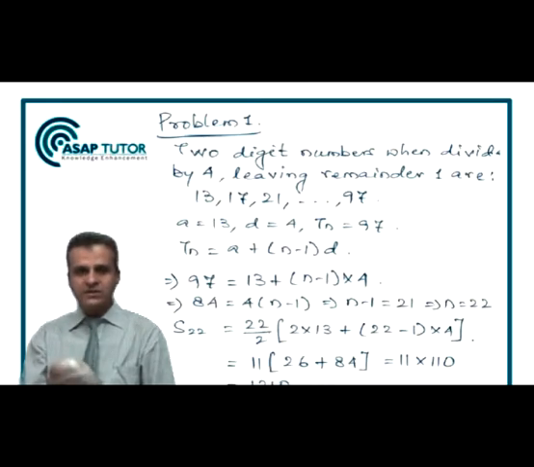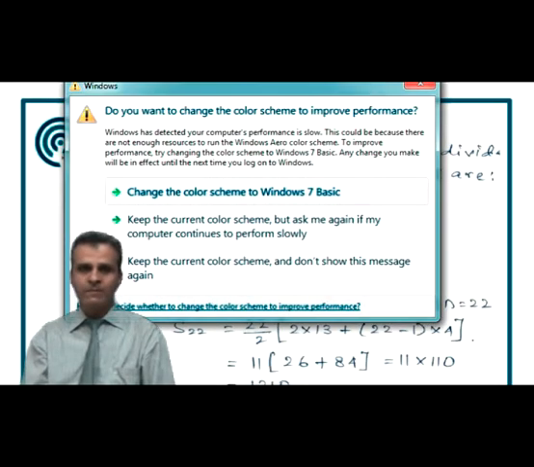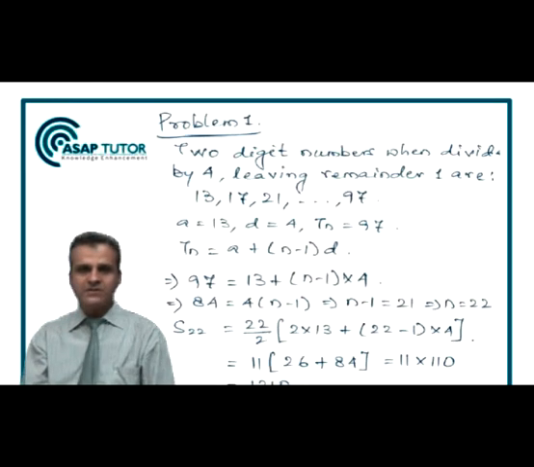Now here we see that this is in arithmetic progression. 13, 17, because 17 minus 13 is 4, and 21 minus 17 is 4 and so on. So therefore a is equal to 13, d is equal to 4 and the last term Tn is equal to 97. Now to find the value of n, we can use the expression Tn is equal to a plus n minus 1 into d.